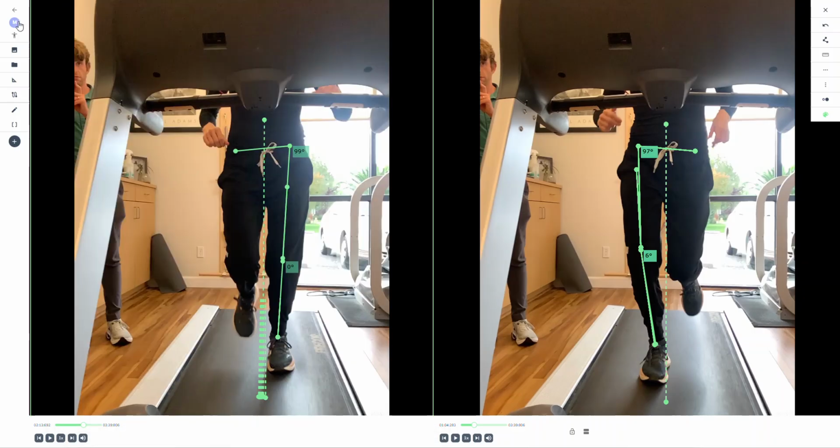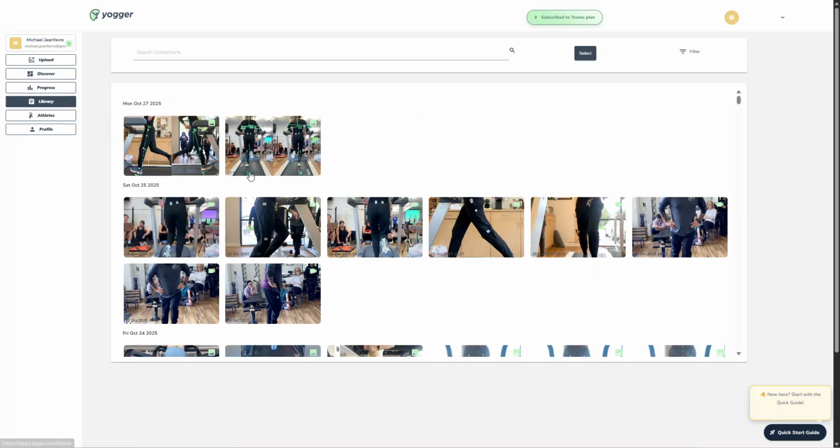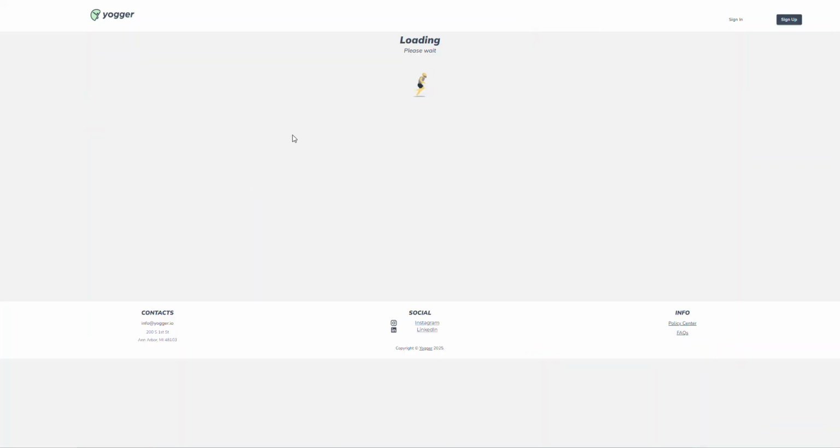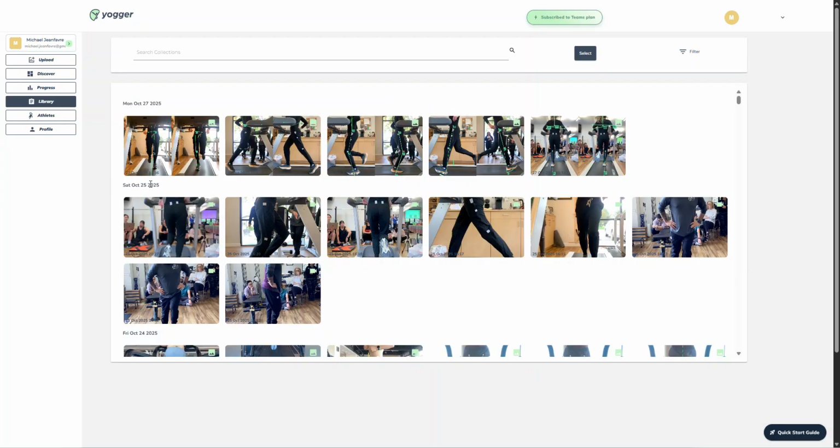So I can simply navigate back to our library where I've saved the other images in the sagittal plane. I'm just going to refresh my page so that those additional screenshots populate. All right, so let's move ourselves into the posterior view.